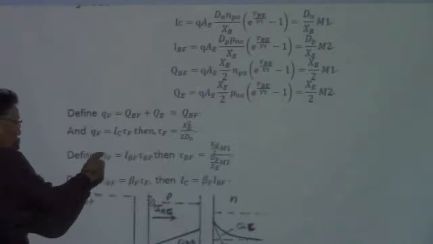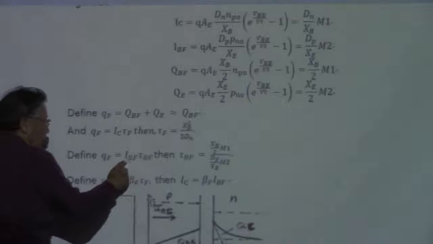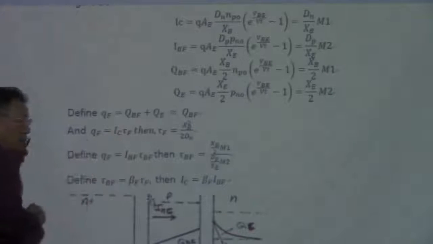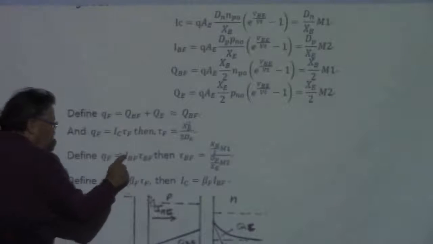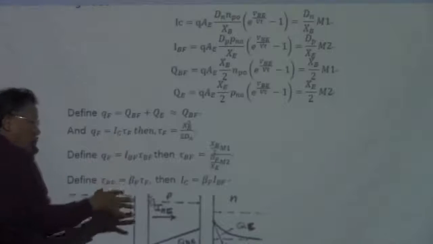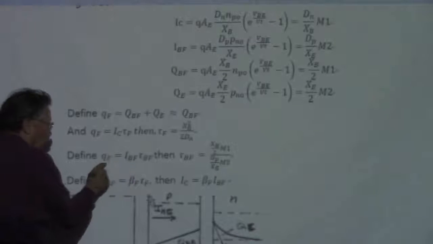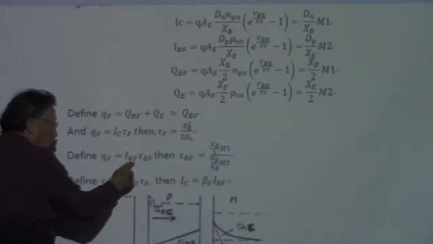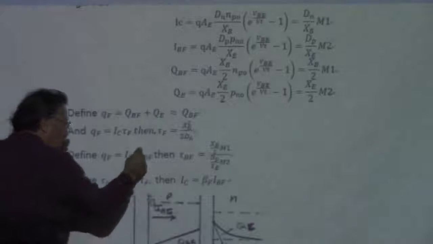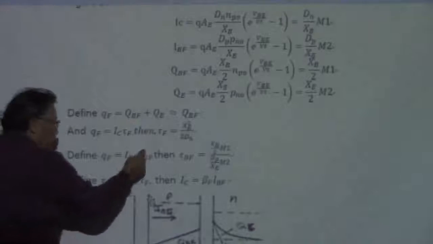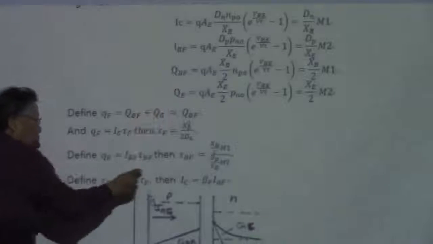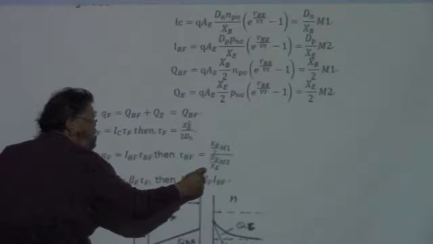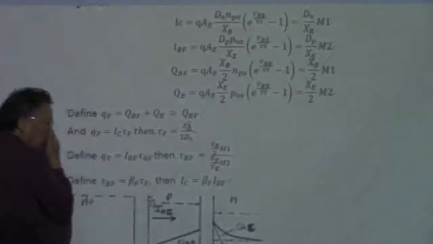And defining QF with the collector current, QF is going to be represented like this, and QF is going to be represented in this fashion. It's just similar. QF can be expressed in terms of the base current and the base characteristic time, and with this equation, it ends up with this base characteristic time being expressed in this equation here.